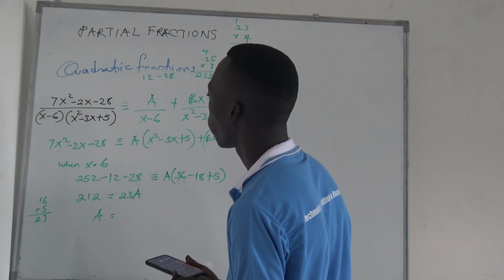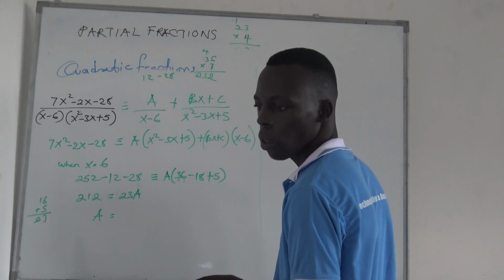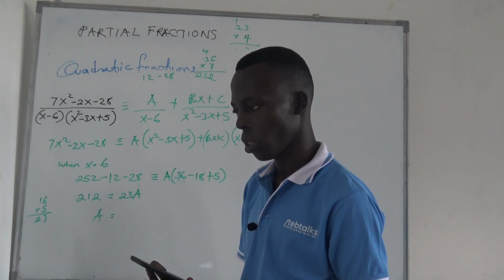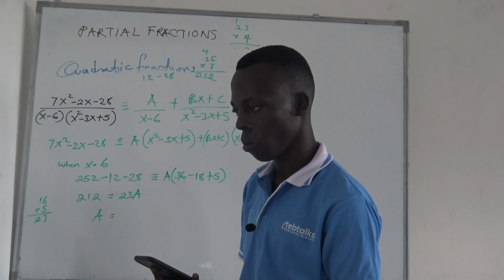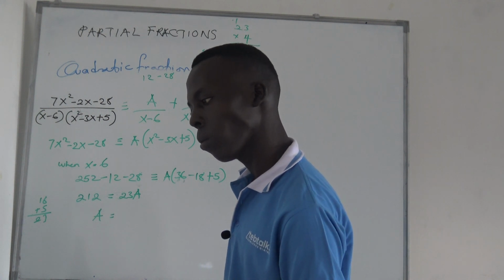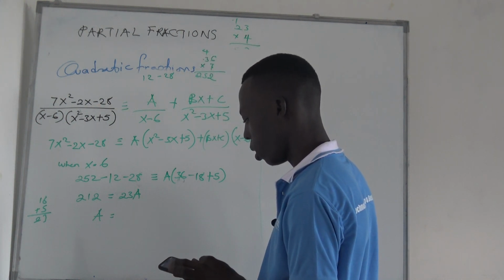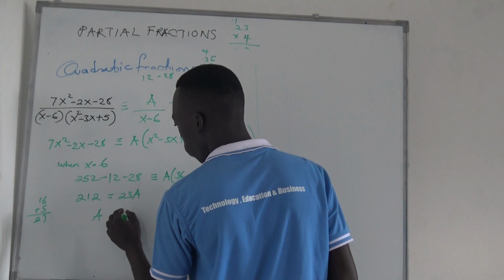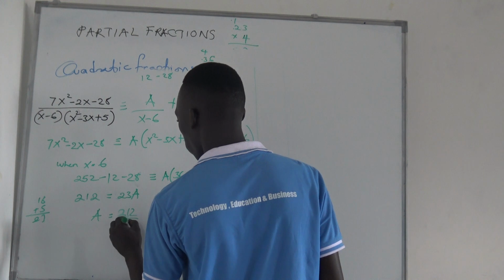Let me see. So for this case, when we divide this one, we shall remain with 2, 1, 2 out of 23.